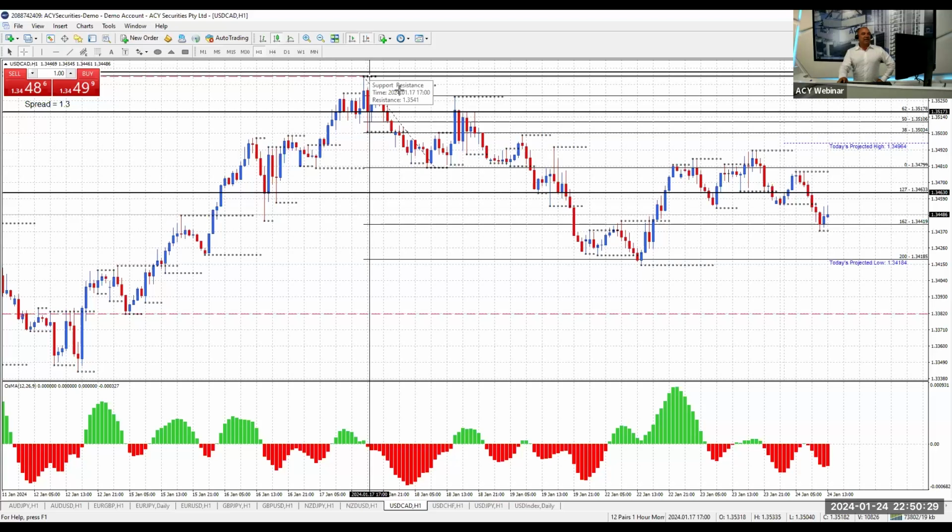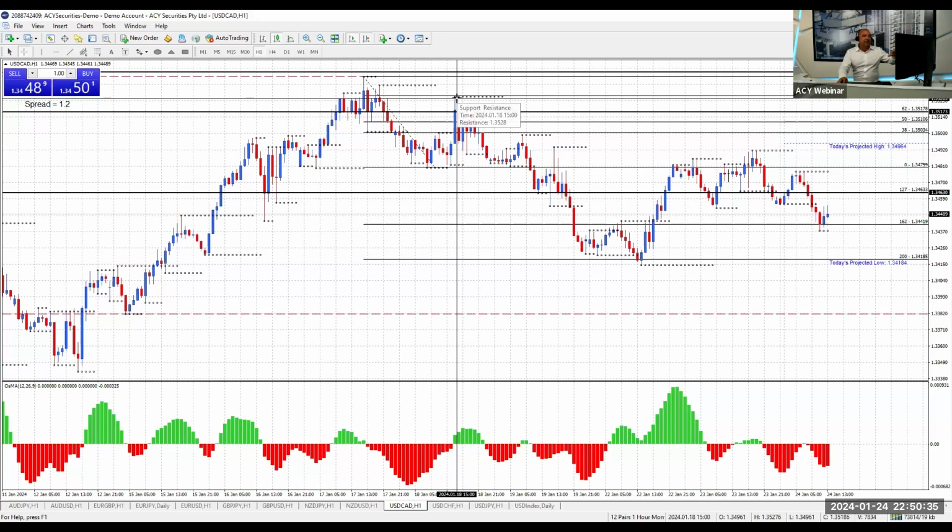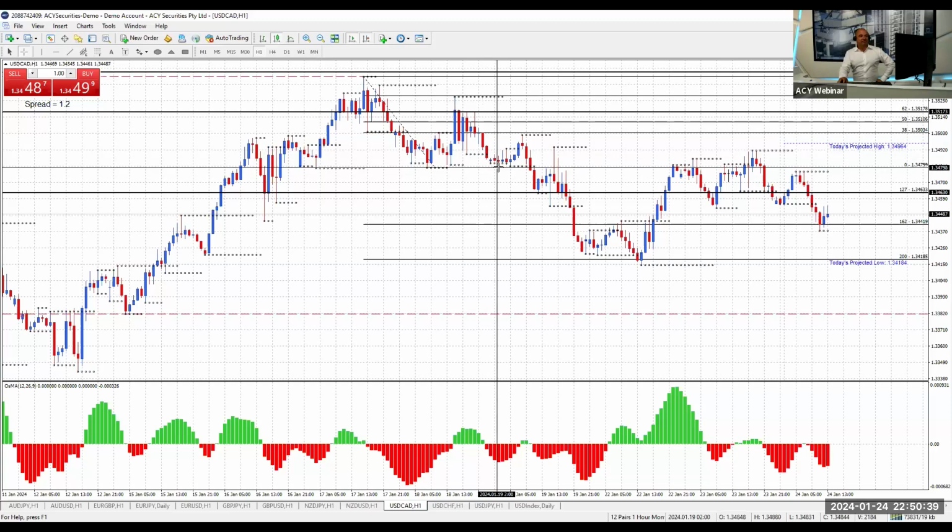So what we're seeing is price rallies above our entry point. You can see it spiked up a little bit, but it certainly didn't get up to our stop. And then it fails back lower, and it reaches right here, that 127 extension.